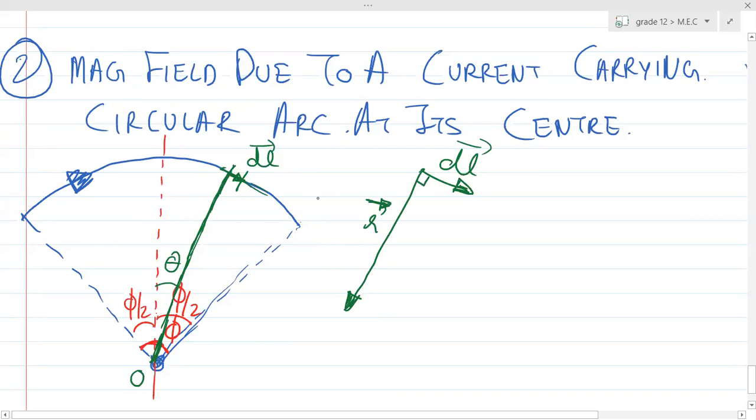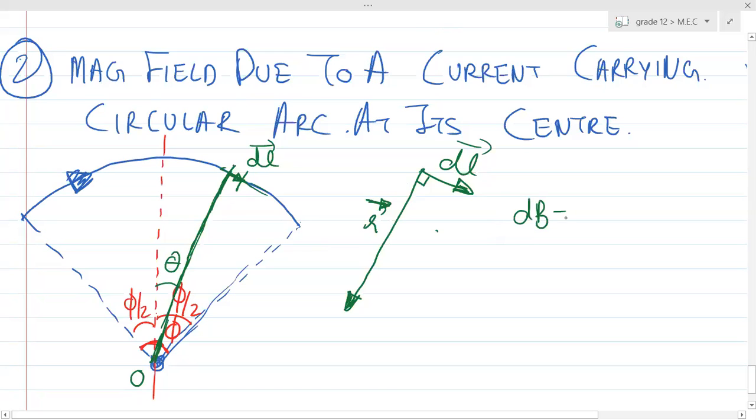Can you see this is tangential? The dl vector is tangential, whereas this is radial. So here the dl vector is this, and the r vector is like this.